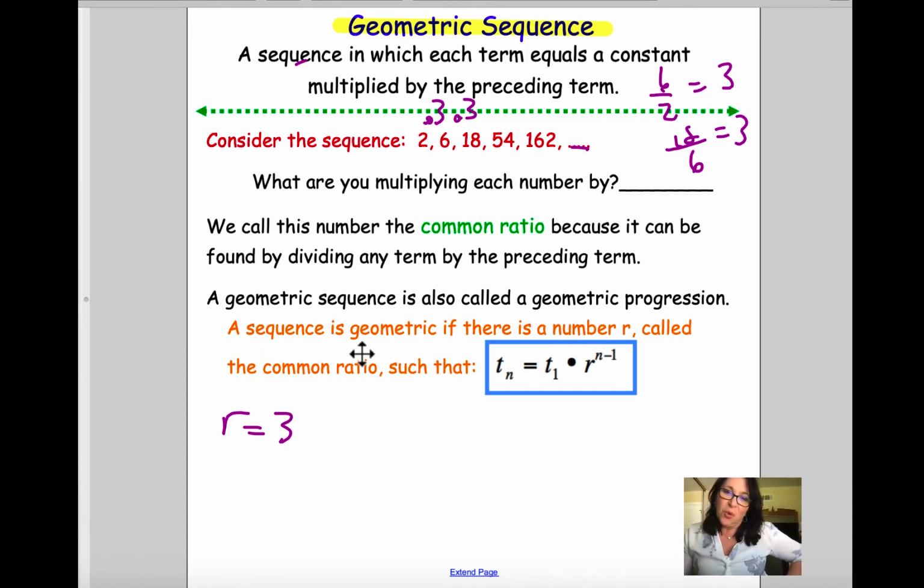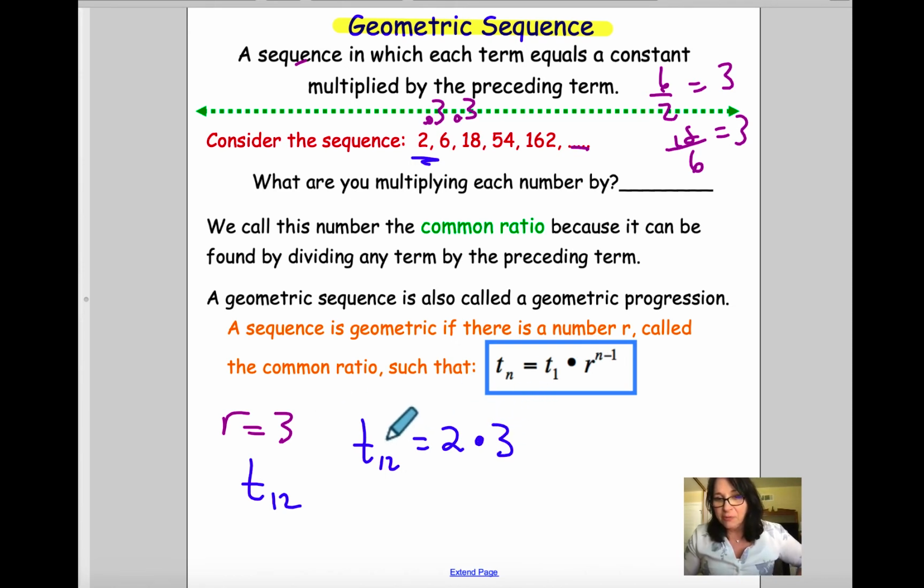Okay, so we are going to start with T of n. If I ask you, hypothetically, to find the 12th term, then you would say T of 12 is equal to the first term, which is 2, times my common ratio, which is 3, to the nth power, which is 12, minus 1.